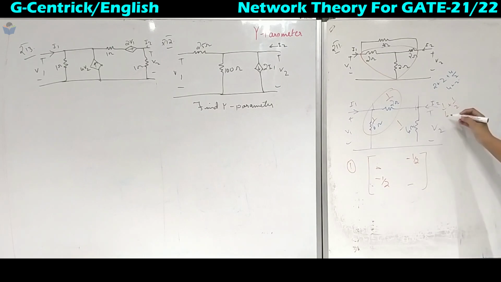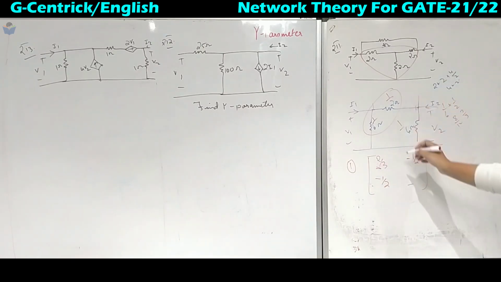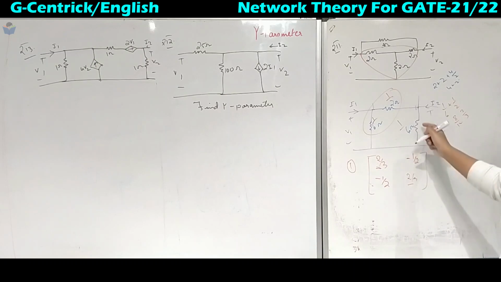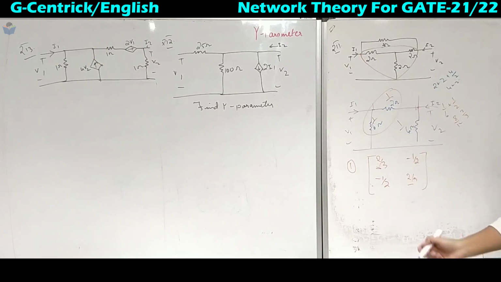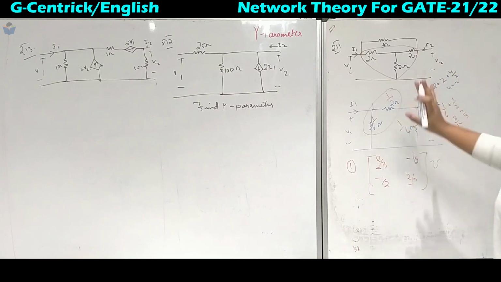So how much will we get? 6 plus 2 is 8, over 12, so it will be 2 over 3. For this also the same thing, we will get 2 over 3, because they have the same values of resistors, 1 by 6 and 1 by 2. So this will be in the unit Siemens or mho. Okay, so this is the solution for this question.